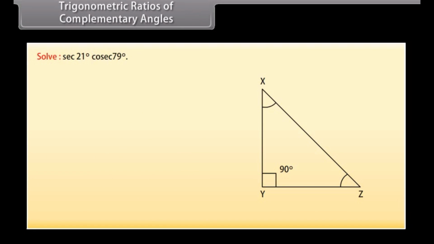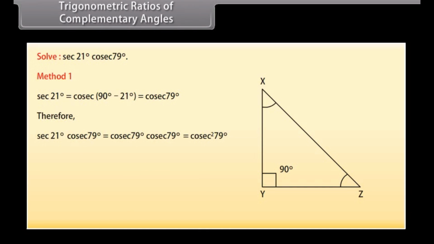Solve sec 21 degree cosec 79 degree. Sec 21 degree is equal to cosec 90 degree minus 21 degree equals cosec 79 degree. Therefore, sec 21 degree cosec 79 degree is equal to cosec 79 degree cosec 79 degree, which equals cosec square 79 degree.